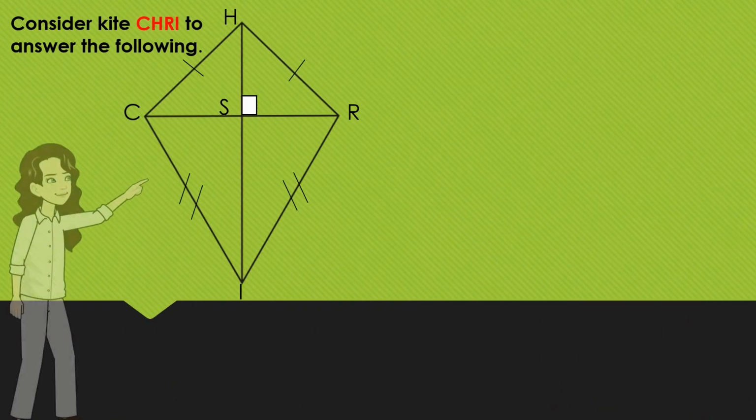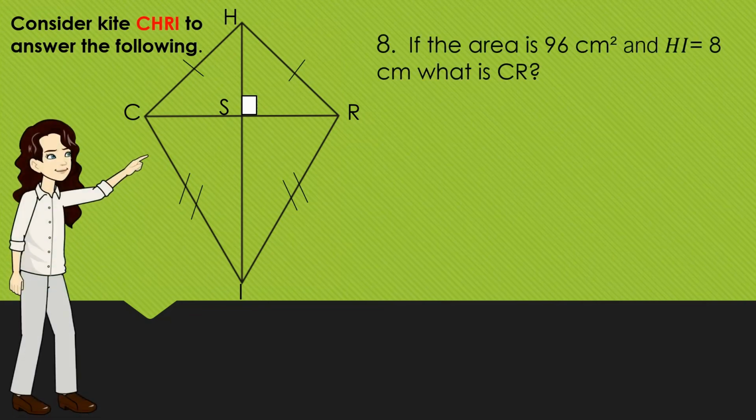Okay, same given for number 8. If the area is 96 centimeters squared, and the segment HI is equal to 8 centimeters, what is CR? What is the measure of the other diagonal?